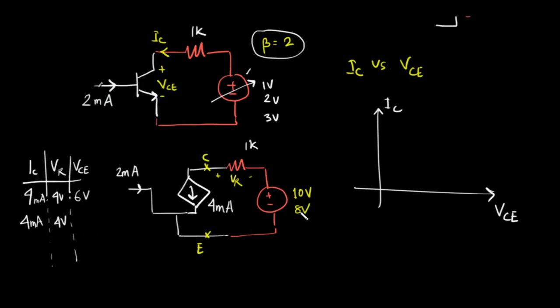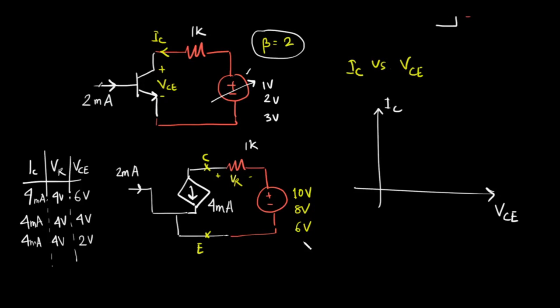So VCE will be 8 volt minus 4 volt, which is 4 volt. Now if I go to 6 volt, as before the current will be constant at 4 milliampere, VR will be constant at 4 volt, and VCE will be 6 volt minus 4 volt equals 2 volt.